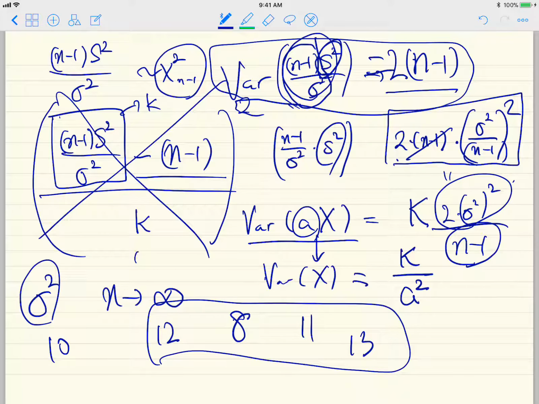So in this case, let's suppose n goes to infinity. It means that I obtain maybe hundreds of thousands of observations in my sample, and the other guy will also obtain his or her own hundreds of thousands of observations.